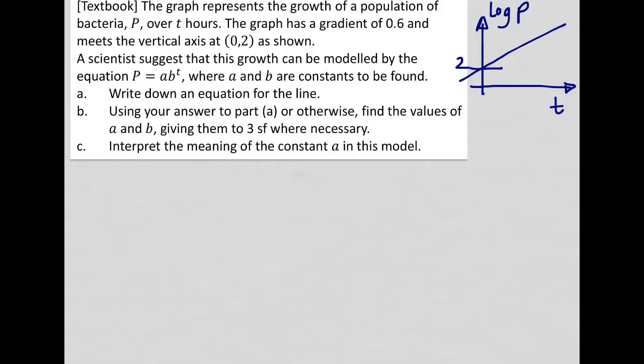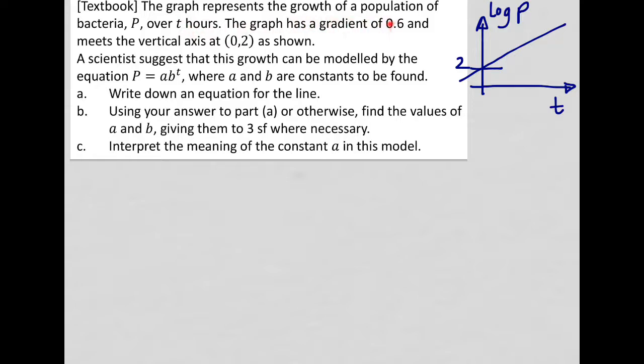Now let's read that question and understand what we're being asked to do. So the graph represents the growth of population of bacteria. They do like bacteria, locusts and rabbits, all of their favourite things, p over t hours.